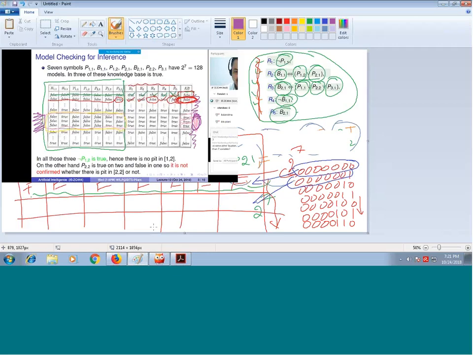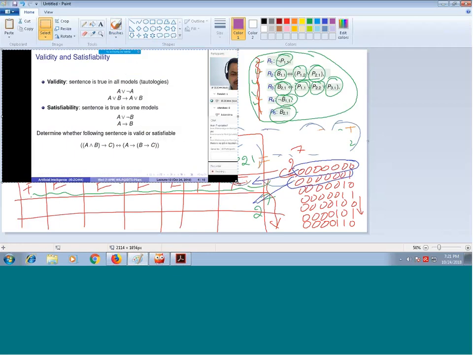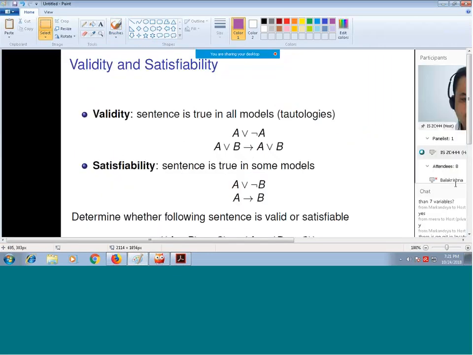Whatever assignment you give to A, because if I give you this statement only, A or not A, how many variables do you have? A, a single variable. How many assignments are possible? 0 and 1. When you assign 0, it becomes 0 or not of 0. When you assign 1, it becomes 1 or not of 1.